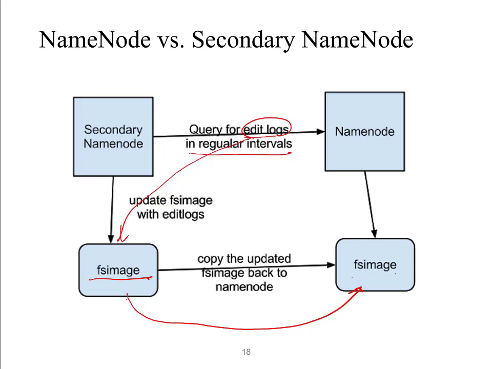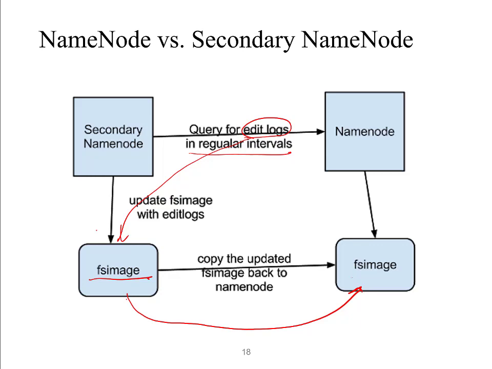With a secondary name node, which does this merging for the name node at regular intervals, the name node can perform faster because it does not need to apply a long edit log on the FS image to get the newest status. It can use the almost newest one from the secondary name node.